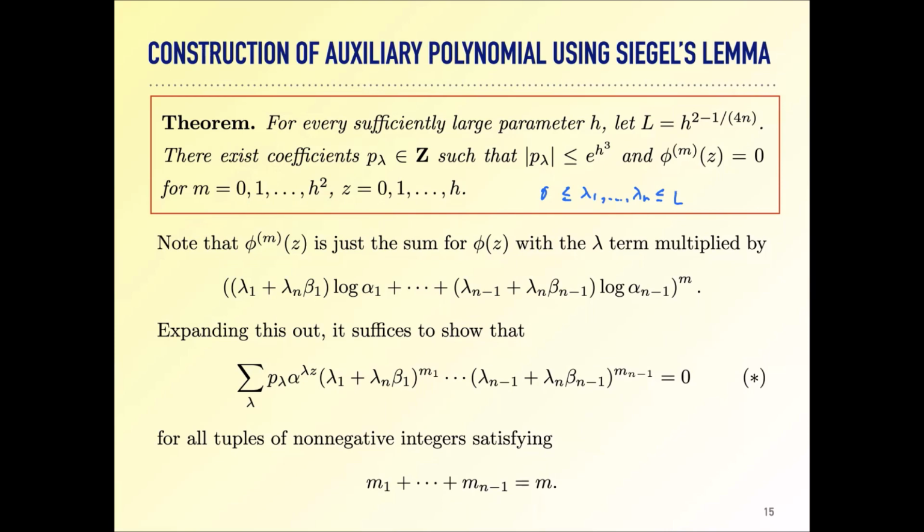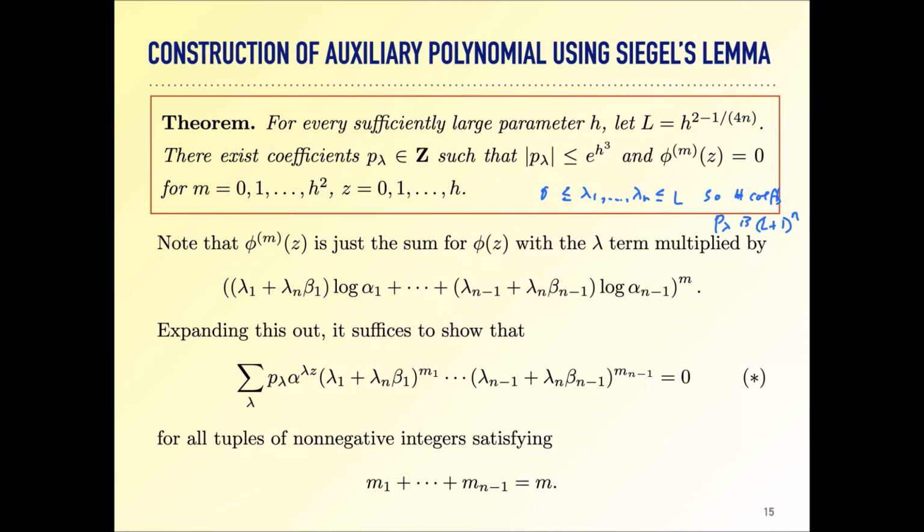So there are L plus 1 to the n p lambdas. So the number of coefficients p lambda is L plus 1 to the n. That's what the L is. And those p lambdas are what are then used to define phi. So there's no connection between L and lambda written in the theorem, but it's notation that hopefully one remembers.